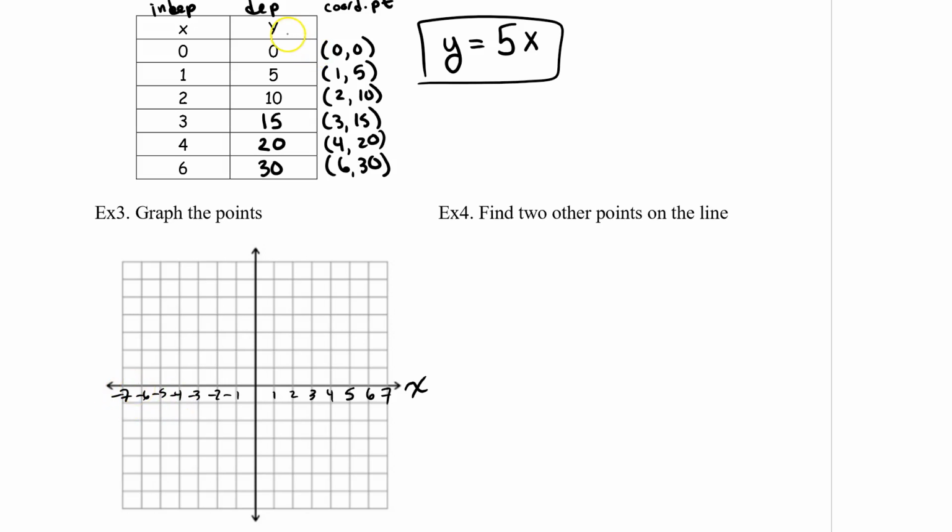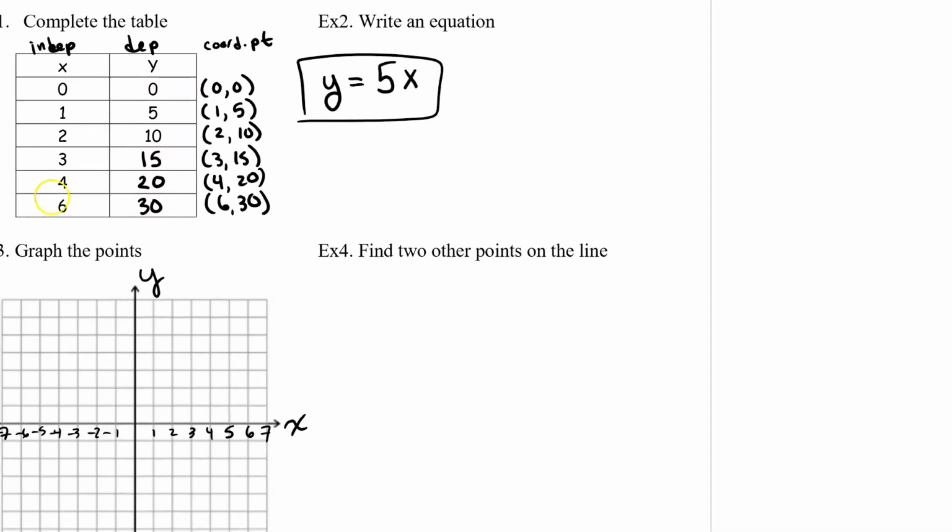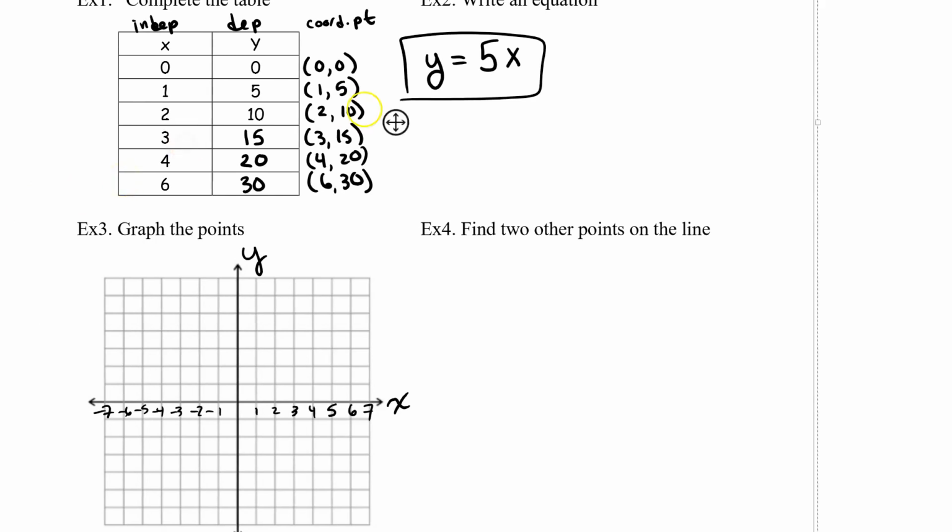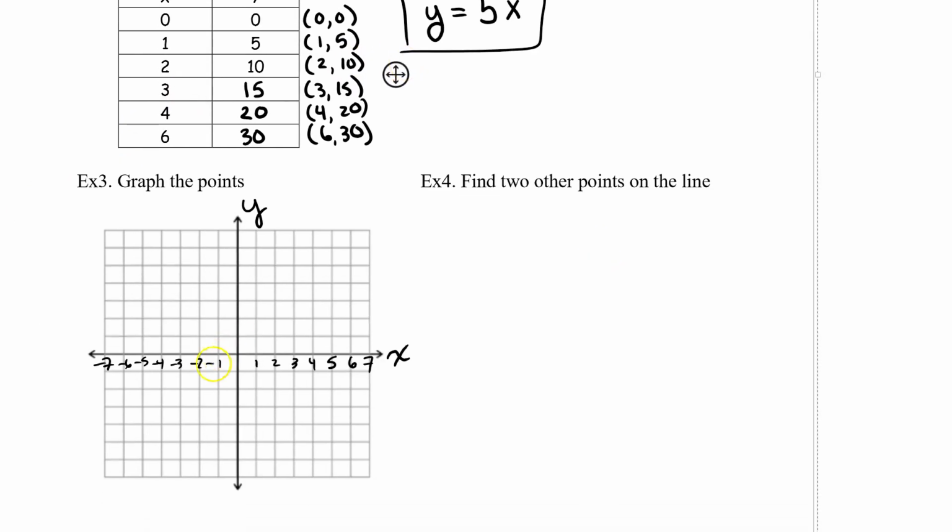But if I do a scale of 1 on my y, on my dependent, we're going to run out of room really fast. So what I hope your takeaway from this is it doesn't have to be the same. As long as each of the distances on the x-axis are the same and each of the distances on the y-axis are the same, they don't have to be the same compared to each other. They just have to be the same compared to itself.